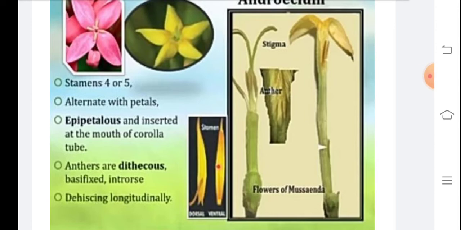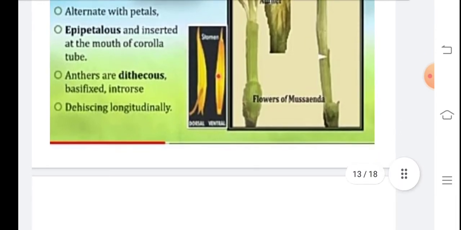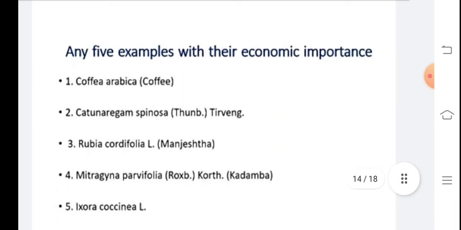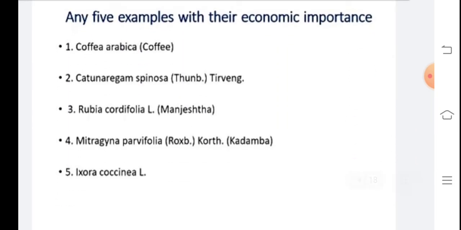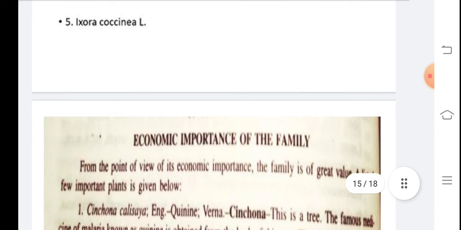Just for our information, stamens 4 to 5, epipetalous. Then other examples: Coffea arabica, Catunaregam spinosa, right? Rubia cordifolia, manjista, then Mitragyna parviflora, Kadamba, and Ixora coccinea.